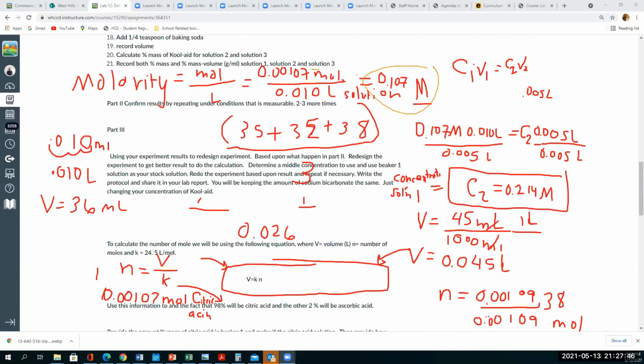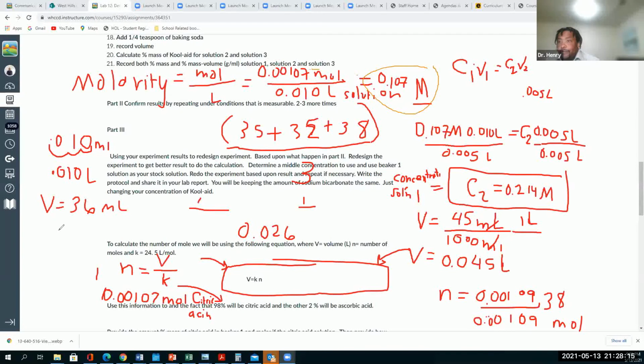Dr. Henry, I do have a question. Sorry, I'm backtracking, but how do you get the 0.00109? That's how I calculated my number of moles, right? That came from this equation right here. Aaron, are you with me? Yeah. Okay, so you got a volume from the gas that was generated.